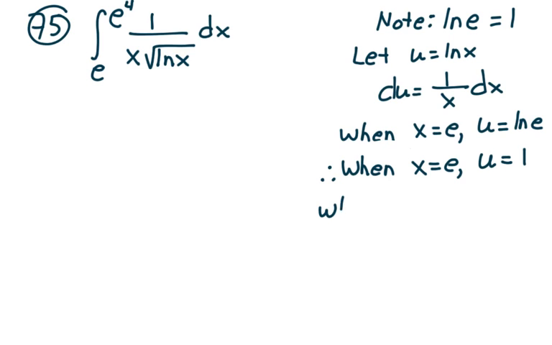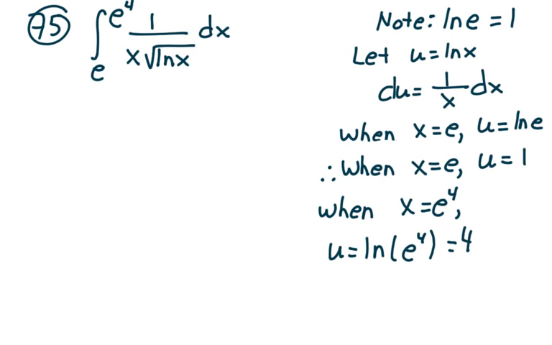And then when x is e to the fourth, u is natural log of e to the fourth, which is equal to 4 times the natural log of e, which is equal to 4. And so we're going to make this the integral from 1 to 4 of 1 over the square root of u du.